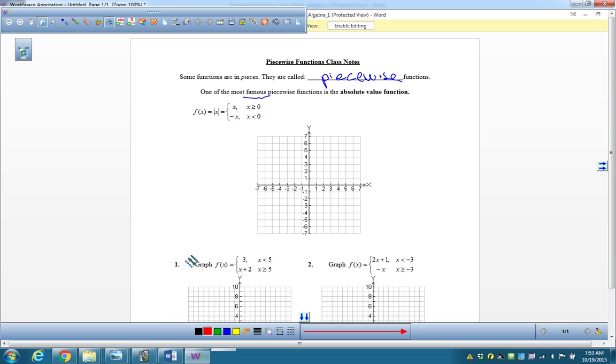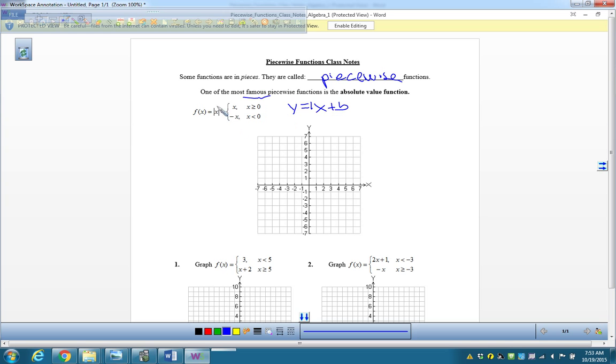What's the y-intercept for y equals x? 0, right? What's the slope for y equals x? If I were to graph y equals x, what's the slope? The slope is 1, and it has a y-intercept of 0.